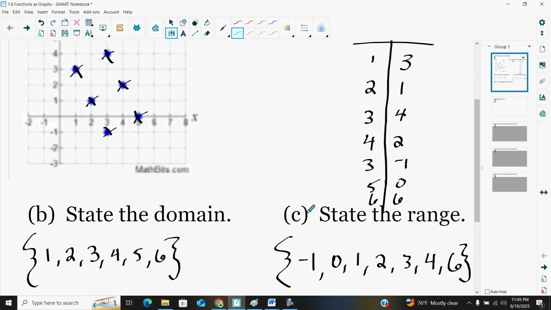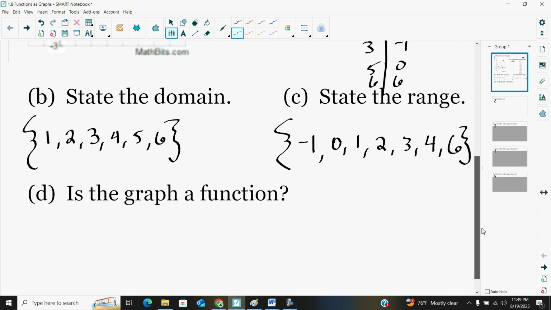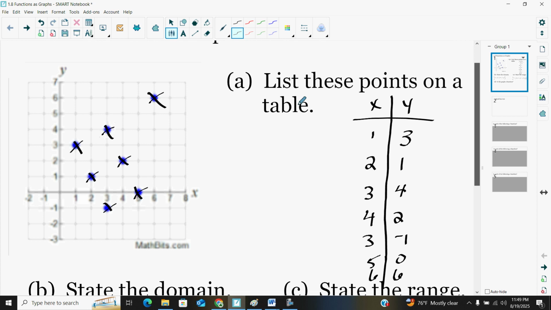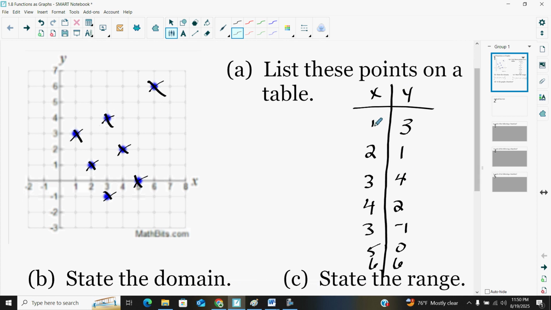Again, we did problems like this last time where we were given a table, we stated domain and range. We also talked about how to state if a graph is a function or not. I guess we didn't talk about a graph, but how to tell if a table is a function or not, is we look at all the X values and we're looking for, are there any inputs that have more than one output?